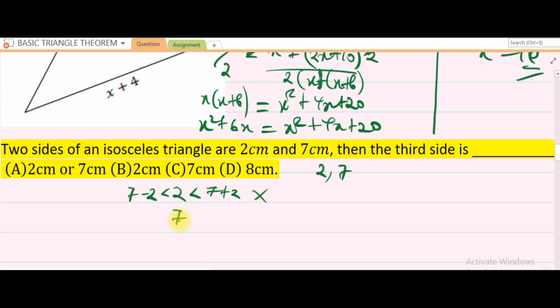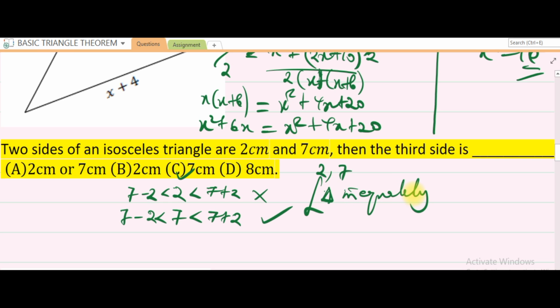But assuming it's 7, we now check 7 plus 2 and 7 minus 2. This is correct. So the only answer is C. This is by the triangle inequality theorem. So that's what solves the problem.